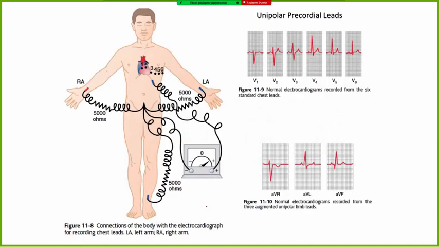And there are also unipolar precordial leads or precordial derivations, where we place the ECG recording positive electrodes on the chest. So we can look at the heart from every angle possible.